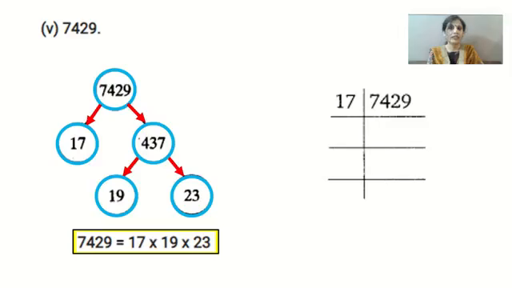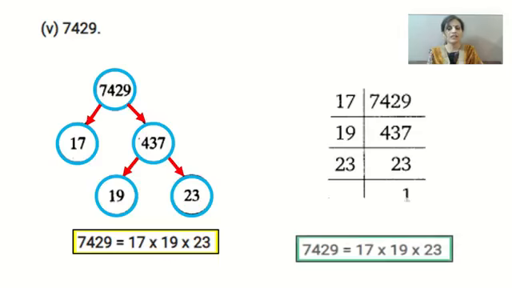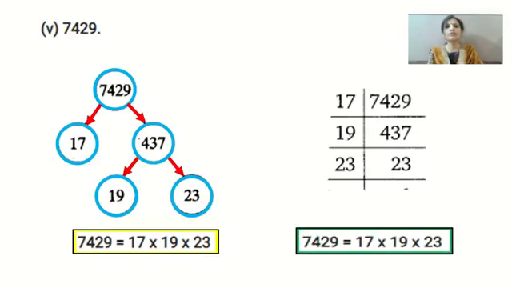And similarly, by the other method of normal factorization, we can do it like this: 17 into 437, then 19 into 23, and 23 ones are 23, and the factors are 7429 is equal to 17 into 19 into 23.